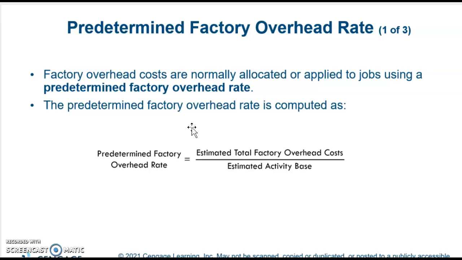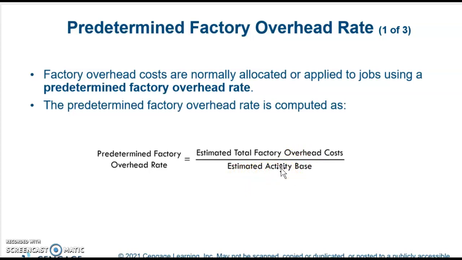So notice that for this rate, both the numerator and the denominator have the word estimated in it. It's very important. See, estimated. So the total estimated overhead cost divided by the estimated activity base.